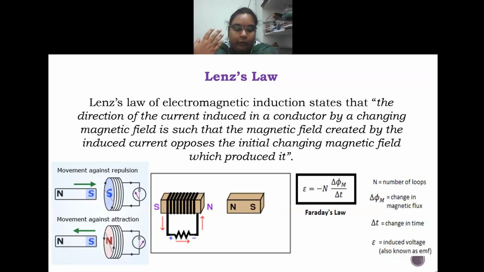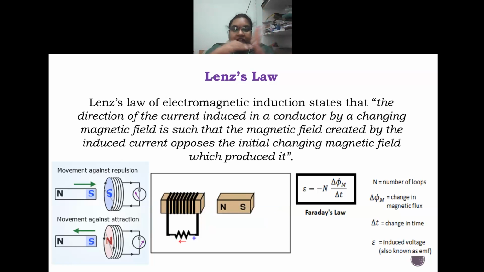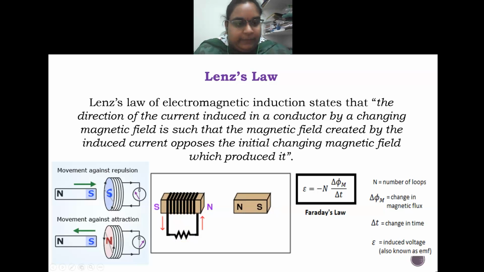Whatever may be the source, here you can see, we are taking a magnet and moving the magnet towards a conductor, then the direction of the current on that particular side of the conductor will be exactly opposing the original source. Here, on the left hand side at the bottom of your page, you can see a magnet with a north pole and south pole being moved.